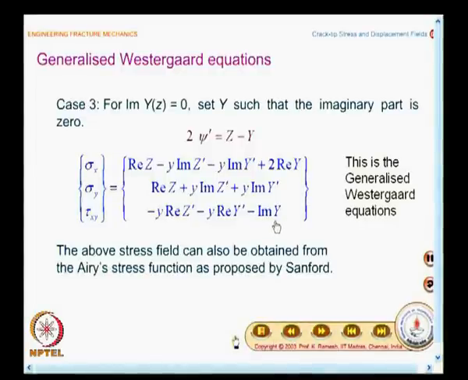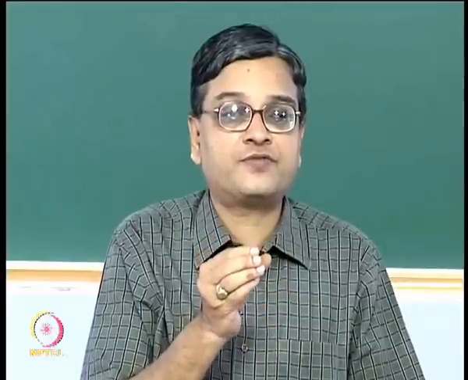Now, we have gone through a circuitous route, we looked at the Kolosov-Muskhelishvili formulation, we provided a justification. In the most general case, an Airy stress function is represented in terms of two analytic functions. From that argument, the Airy stress function for the Westergaard problem also should have two stress functions.